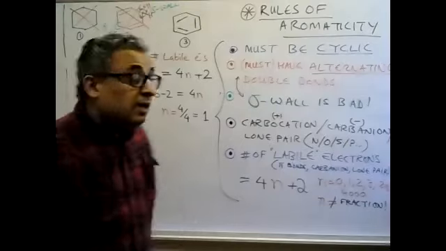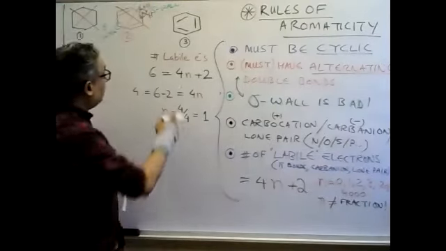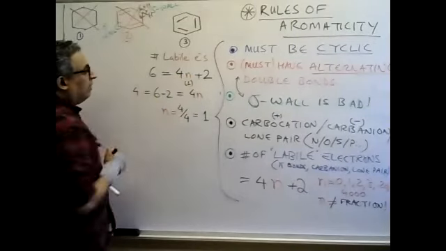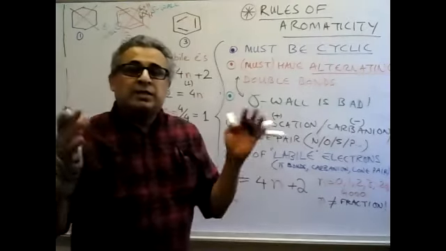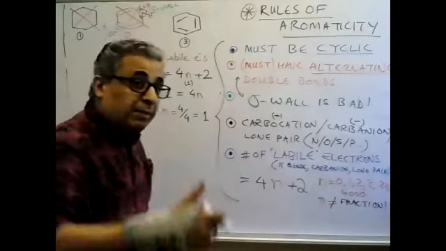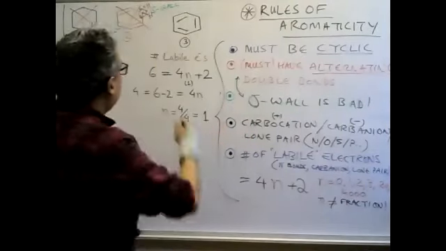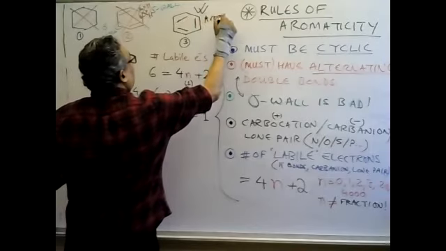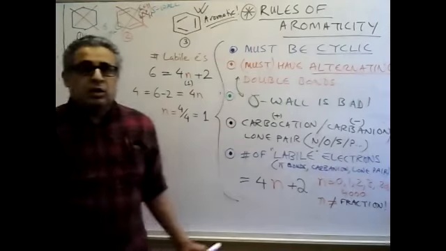That means, yes, you can write 6 as 4n plus 2, where n is equal to 1. That means when n's value is turning out to be a whole integer, not a fraction, what does it mean? That means it's aromatic. That's all it means.